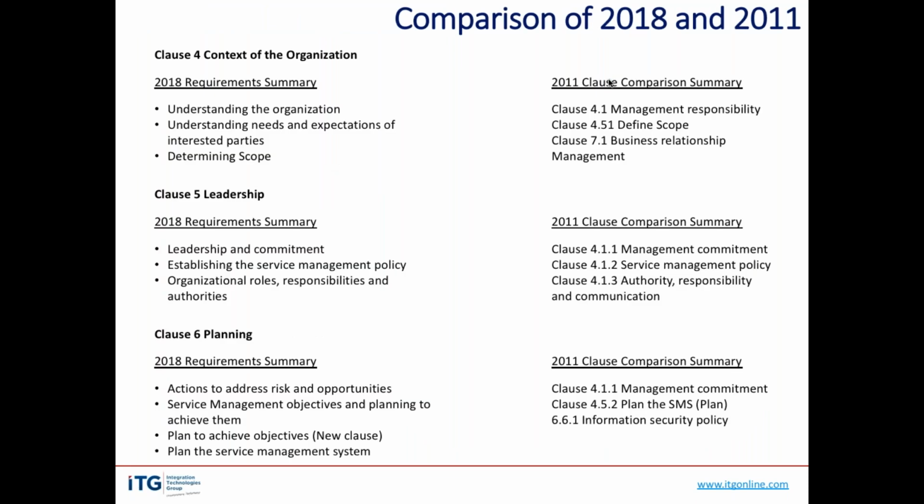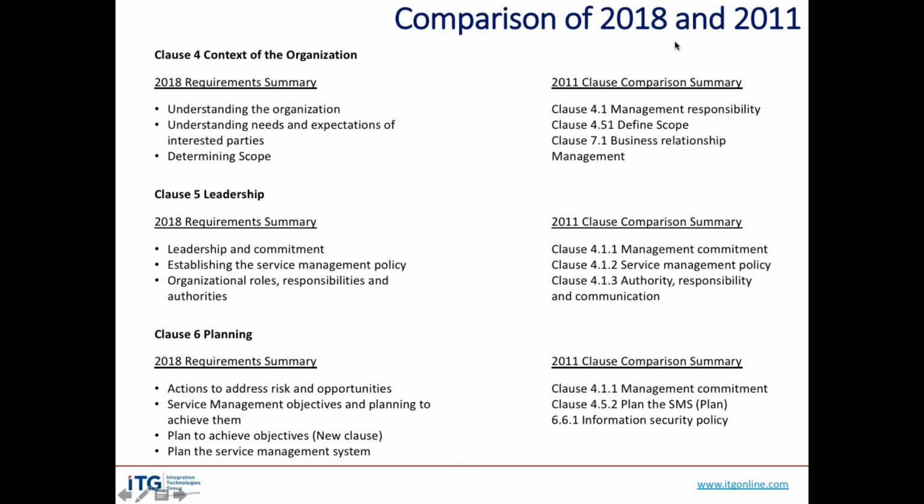So I'm briefly going to go through a comparison of the 2018 and 2011, just so you can get a familiarity with this. Please note that this is not an exhaustive and extensive list, okay? But I just want to highlight so you get a relationship of where things have come to land in the new standard, right? So clause 4, the context of the organization, very much like 9001 and all the others, is where we get an understanding of the organization, where interested parties are identified, where we determine the scope of the system.